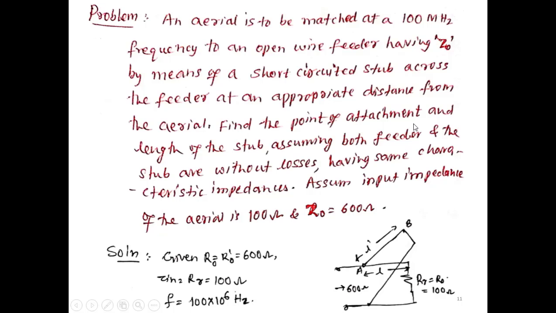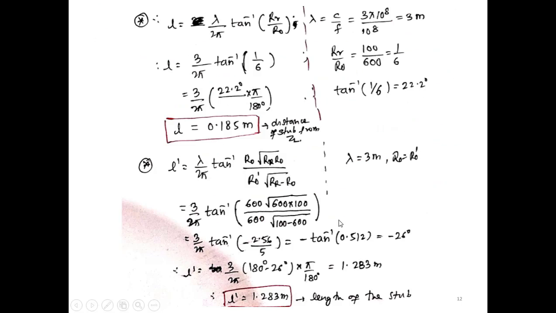Find the point of attachment and the length of the stub, assuming both feeder and stub are without losses, having the same characteristic impedances. Assume the input impedance of the aerial is 100 ohm and Z0 is equal to 600 ohm.